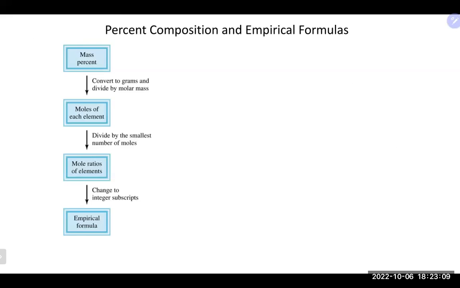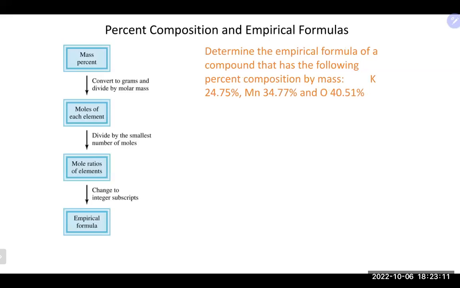All right, so why don't we try one here? We got percent composition here of potassium, which is 24.75, Mn, which is 34.77%, and oxygen, which is 40.51. Why don't you calculate the empirical formula? I'll give you some numbers that might be helpful. Potassium is 39.10. Oxygen is 16.